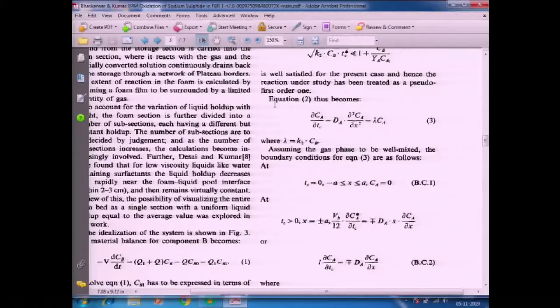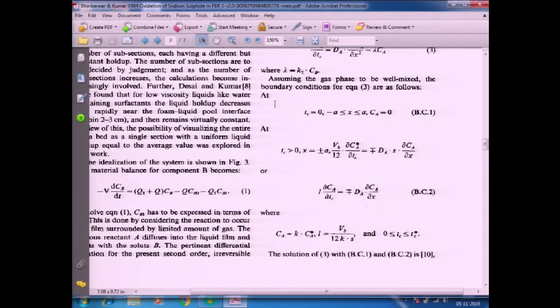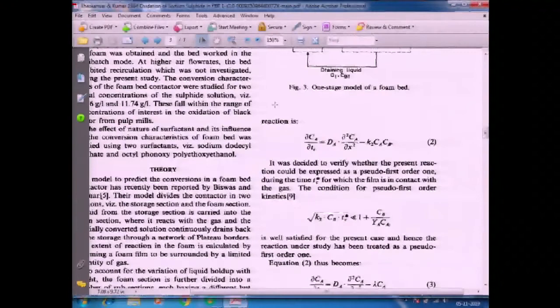Even in sodium sulphide solutions, for oxygen dissolution, we will allow application of Henry's law, which is written in this form: K Ca star is equal to Ca. The gas phase concentration times Henry's law constant gives you the equivalent liquid phase concentration in equilibrium. And please remember, this is only true in this case at x equal to plus a.